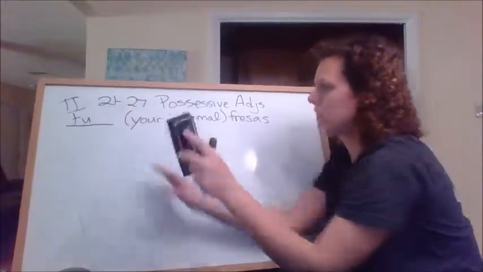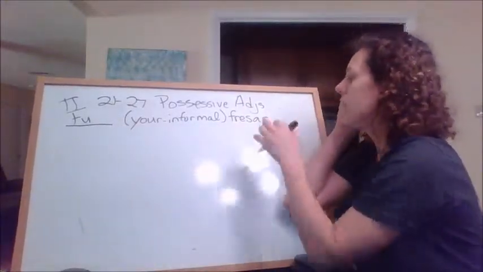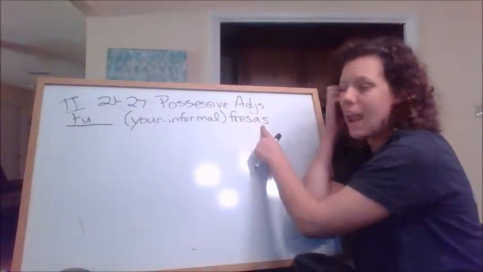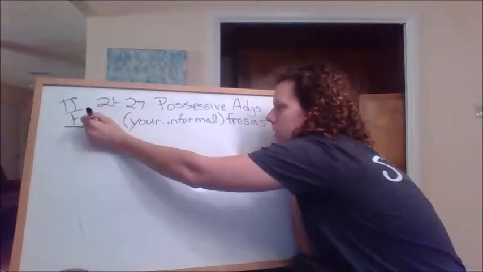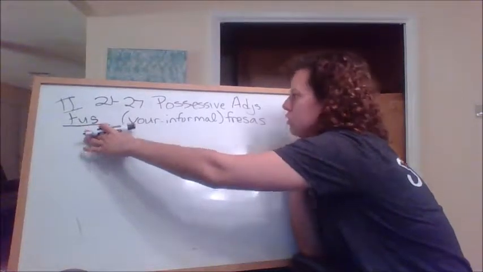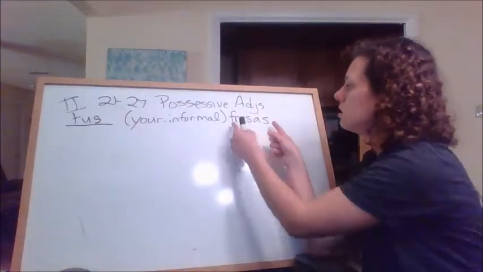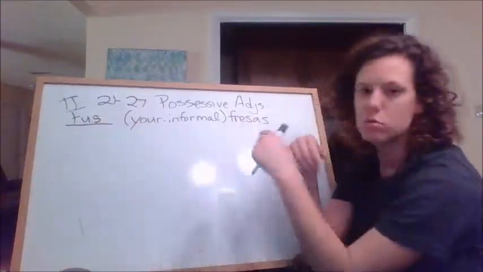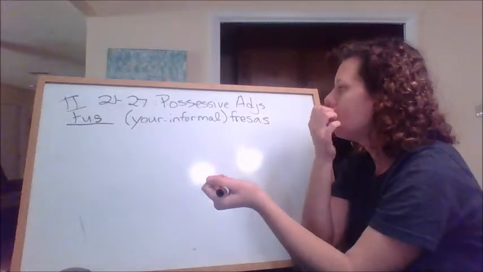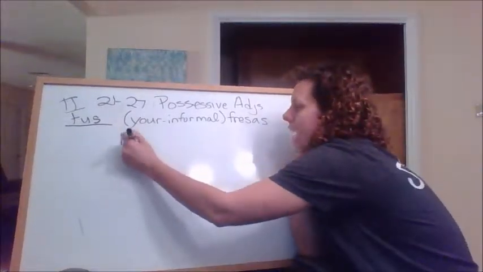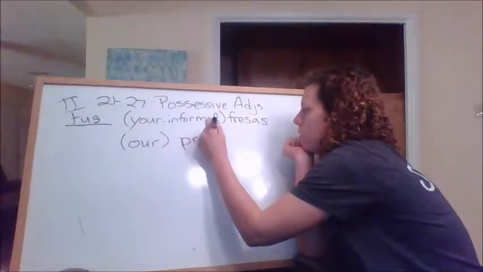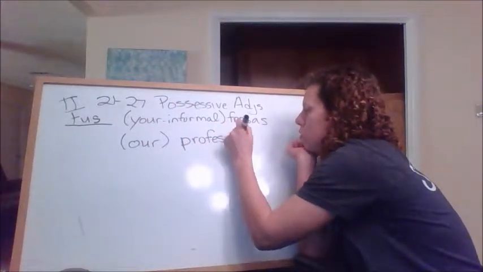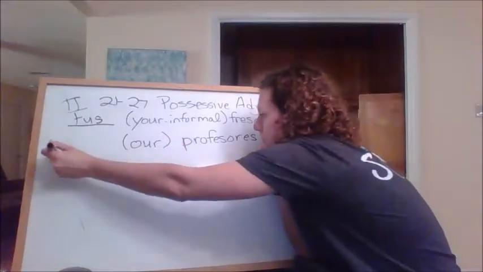All right, so back to this. Remember that if the noun is plural, your adjective has to be plural. There's no gender change for tu. So since this is plural, this has to be plural. It just becomes tus, right? If, however, I had something like our, and I had profesores, okay?